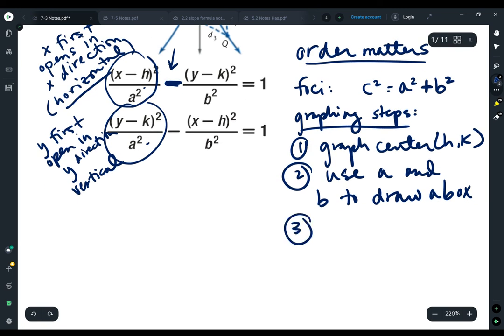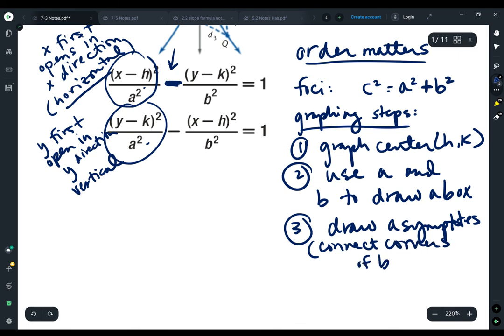Our third step is we're going to draw asymptotes, and those connect the corners of the box. And last is we're going to actually graph the hyperbola.